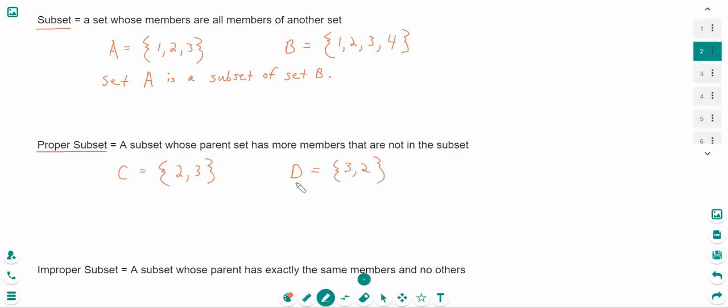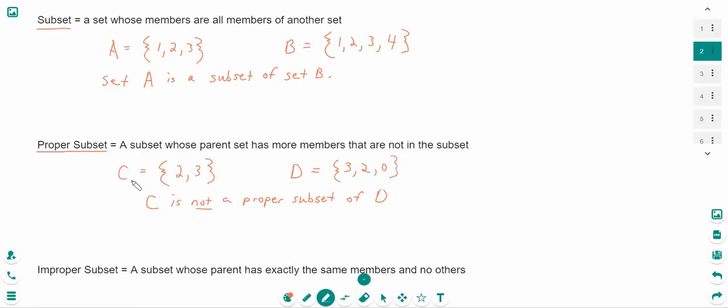So in other words, C is not a proper subset of D. Now, I could adjust this a little bit and say, what if set D also has a 0 in it?